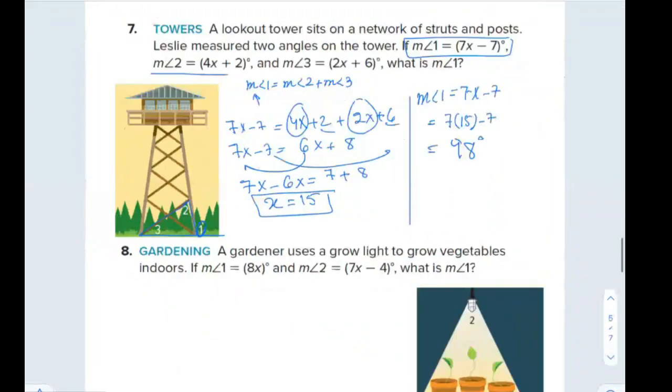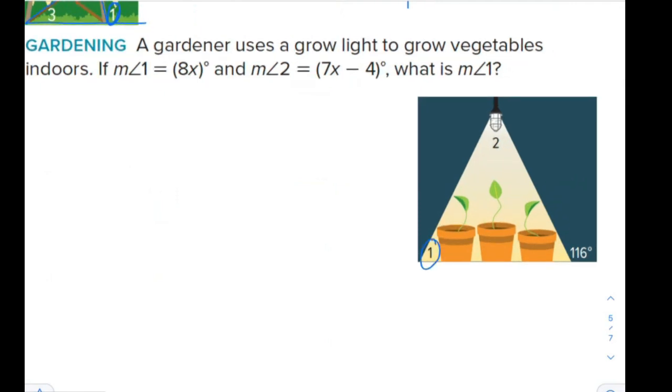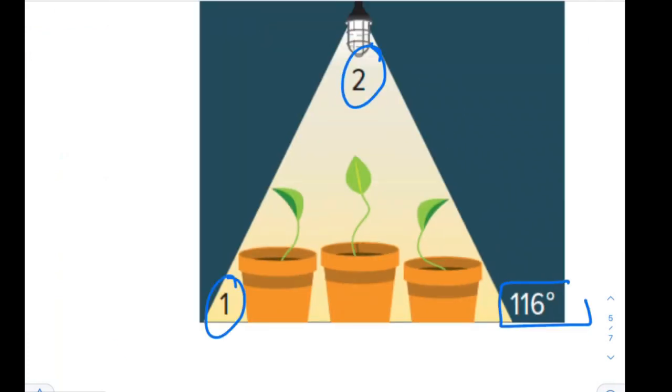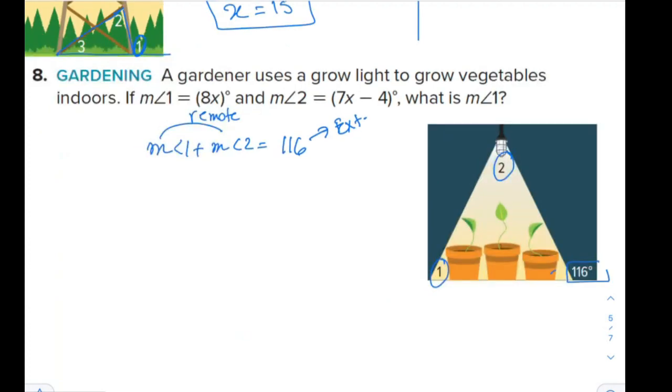Now let's go to the next real life question. A gardener uses a grow light to grow vegetables indoors. If measure of angle 1, now 1 is interior here, is 8x, angle 2 is another interior one, 7x minus 4. What is measure of angle 1? And there is something given outside, which is the exterior. So again, measure of angle 1 plus measure of angle 2, which are the remote ones, equals the 116, which is the exterior one. These are the remote angles, far from it. This other one is interior but near.